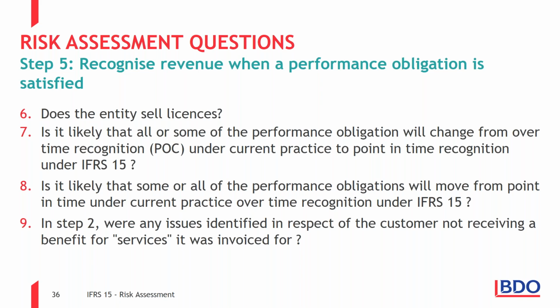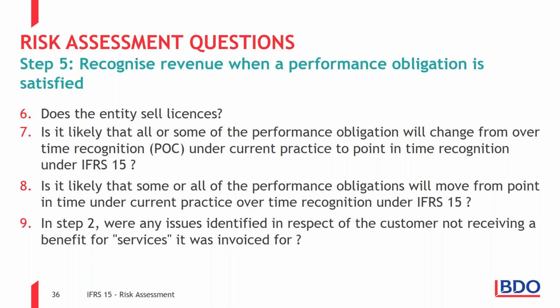Is it likely that all or some of the performance obligations will change from over time under current practice to a point in time under IFRS 15? Can you get a sense that the way you currently do it is going to change? Question 8 is the other way around. And then question 9, in step 2, were any issues identified in respect of the customer not receiving a benefit for services it was involved for?